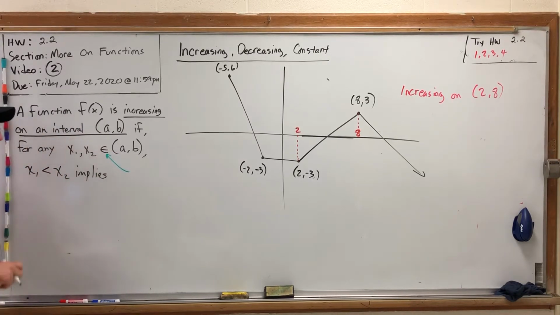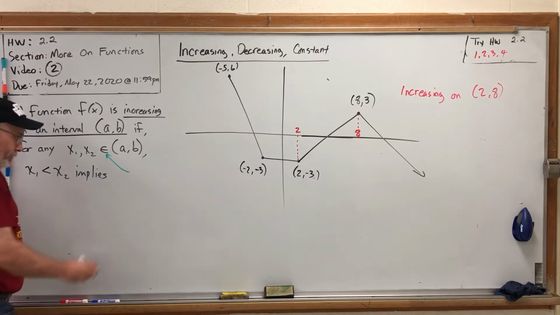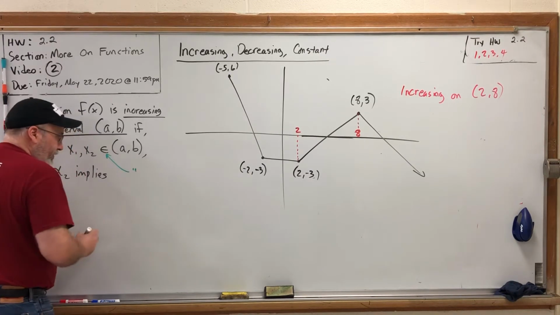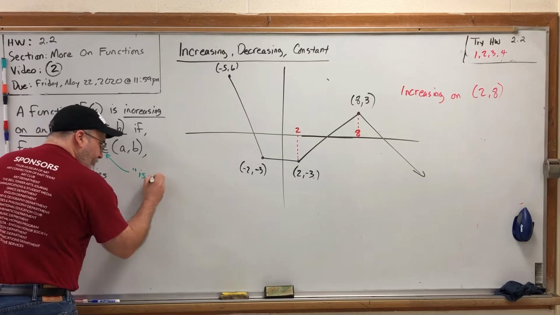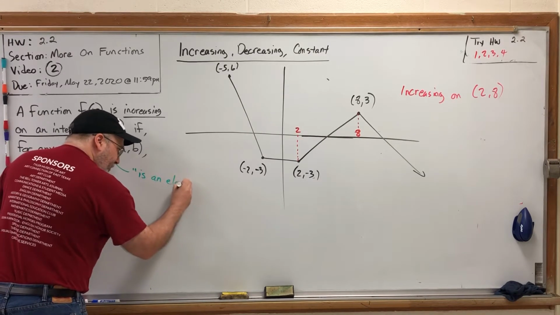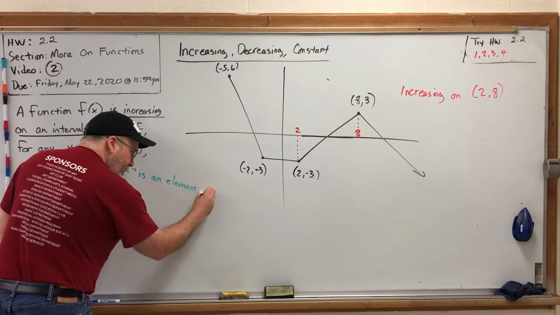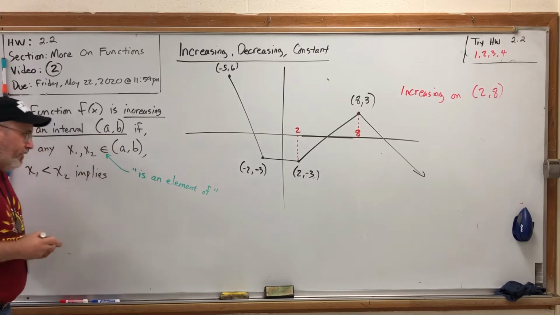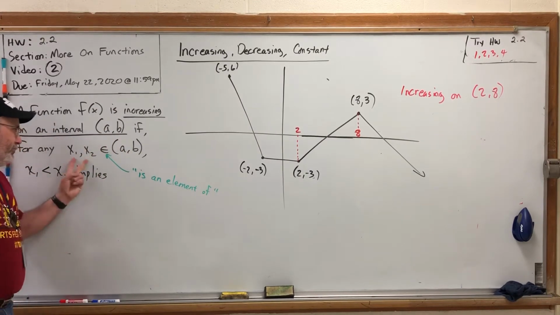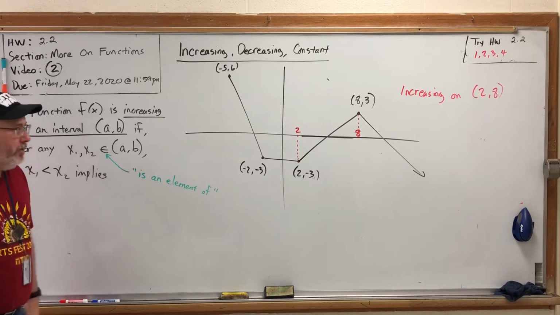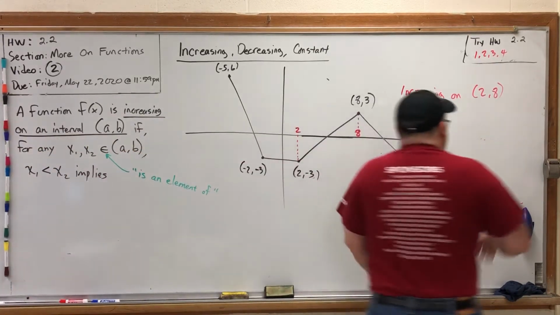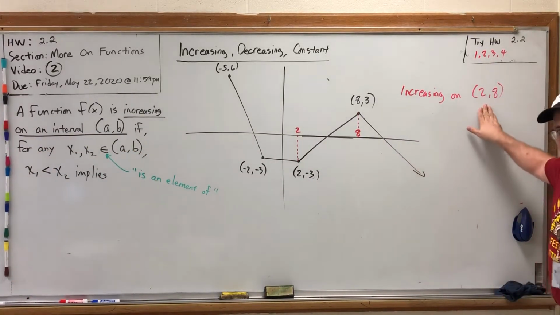This symbol, which kind of looks like an E, is more of a Greek letter epsilon. But this symbol is a symbol for the phrase "is an element of," which in set theory basically means things inside of this interval. So for example, if I ask you for an element of this interval, I'm just asking you for a number between 2 and 8, like 3 or 4.7.